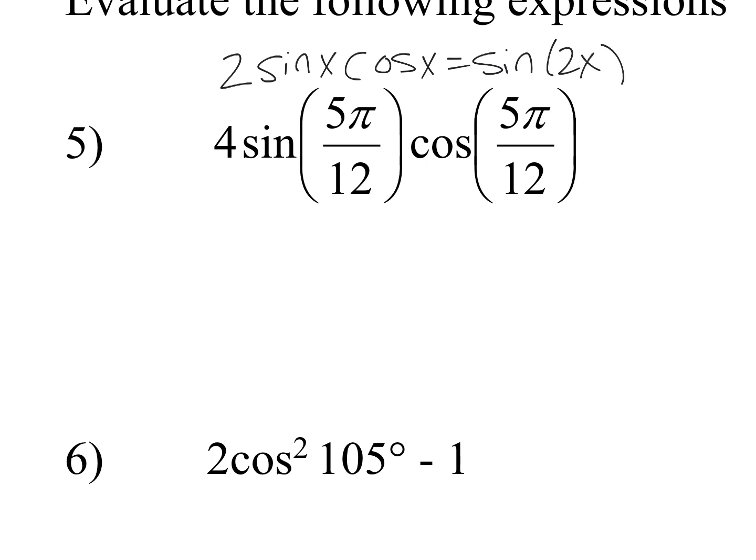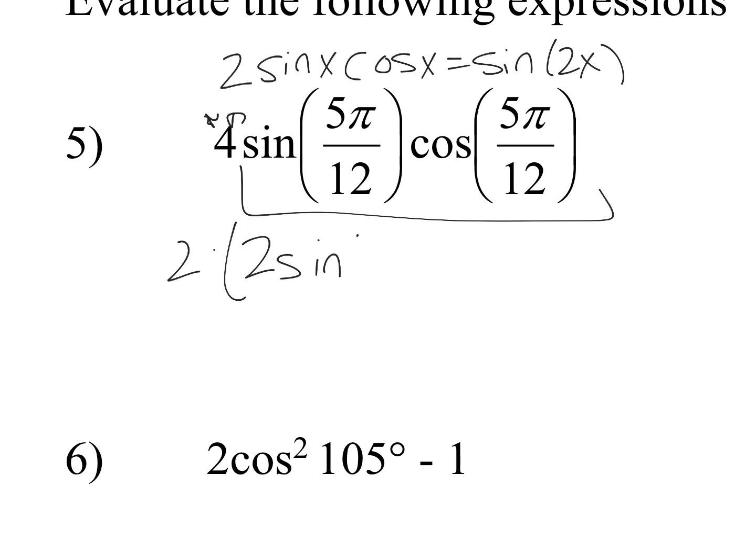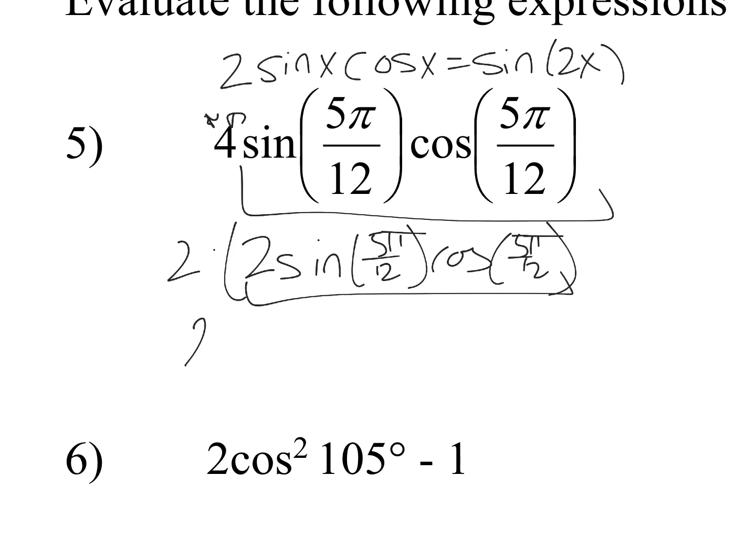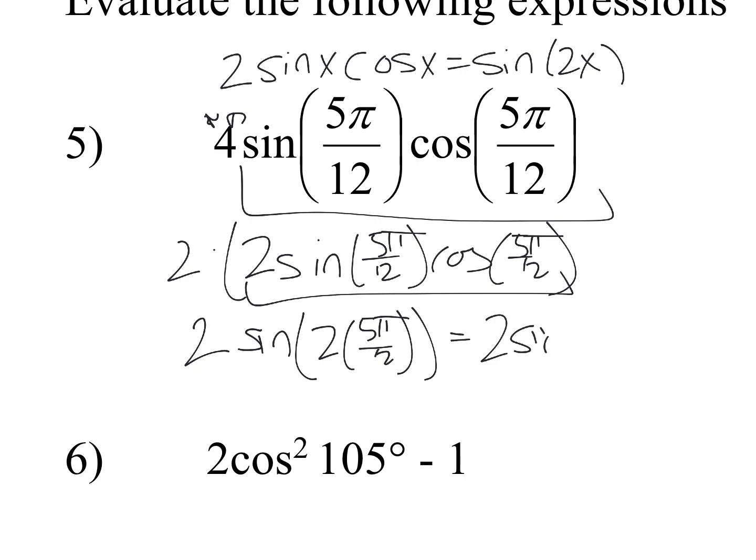So, since this is basically in that form, if I just think about this 4 as 2 times 2 sine of 5 pi over 12, cosine of 5 pi over 12, this can be rewritten as 2 times sine of 2 times 5 pi over 12, which will become 2 sine of 5 pi over 6.